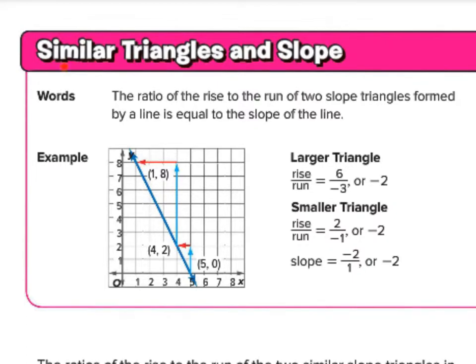Similar triangles and slope. Words. The ratio of the rise to the run of two sloped triangles formed by a line is equal to the slope of the line. It makes sense. So we have 2 points on the line here, okay? We have 4 and 2 as well as 1 and 8. So we have to look for the difference between these two points.